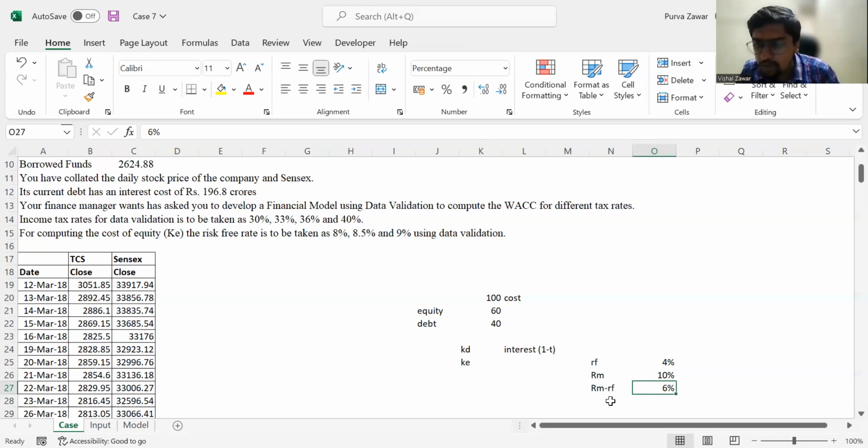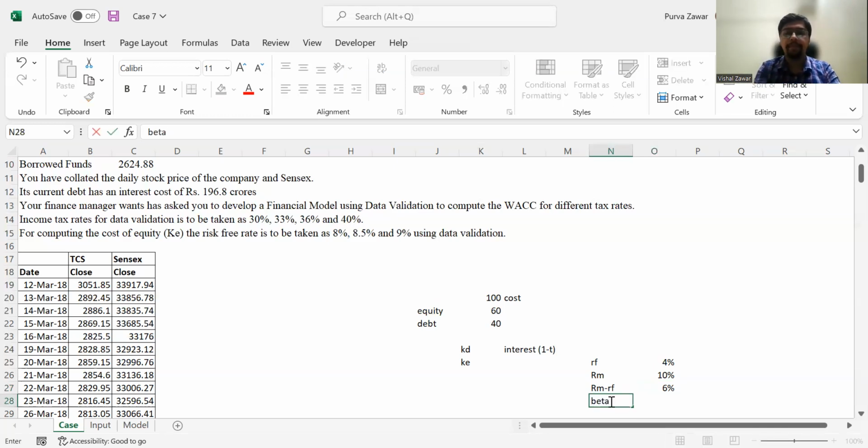If you are less risky as compared to the market, then the investors might be happy with less than 6% also. So that riskiness of a stock in comparison to the market is nothing but beta.